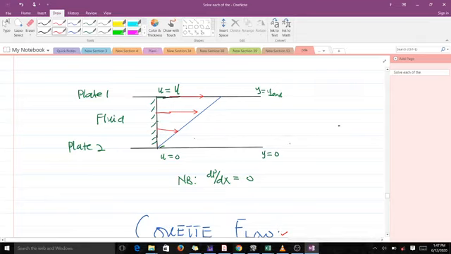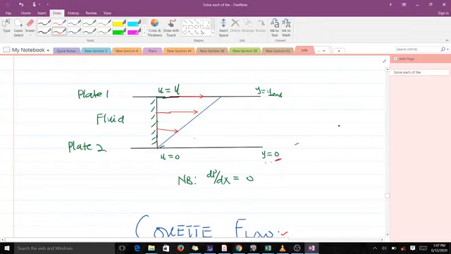So the Couette flow is represented by this diagram here, where we have plate 1 and plate 2. The fluid is placed between two parallel viscous plates, and there's our fluid here. The movement of the fluid is driven by the motion of the upper plate.